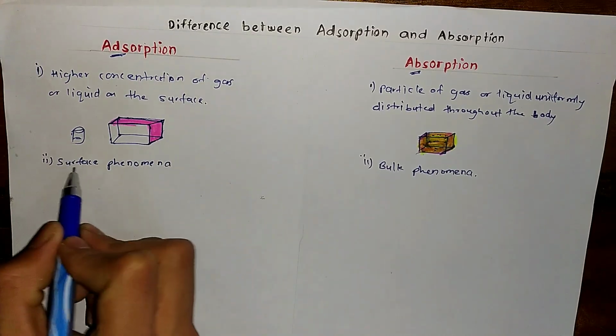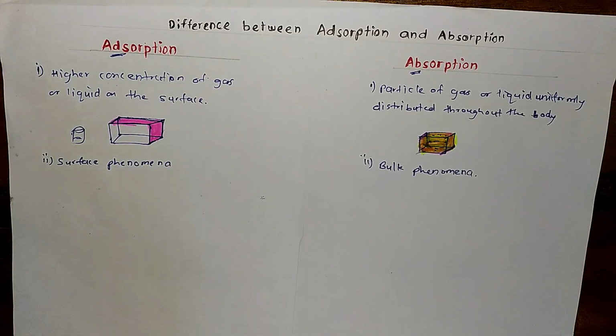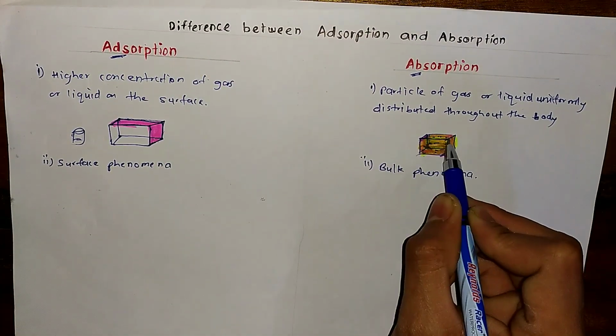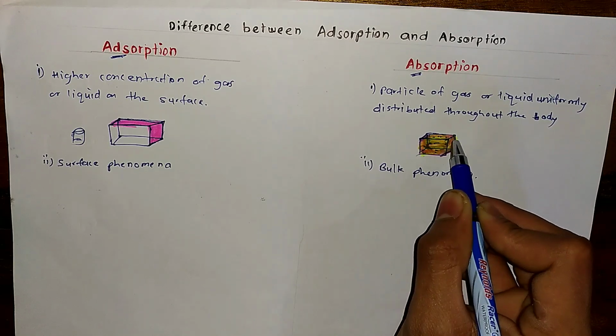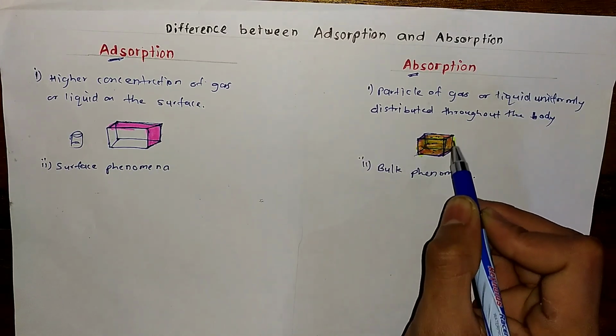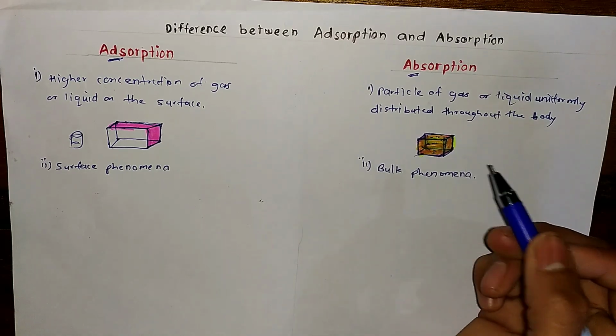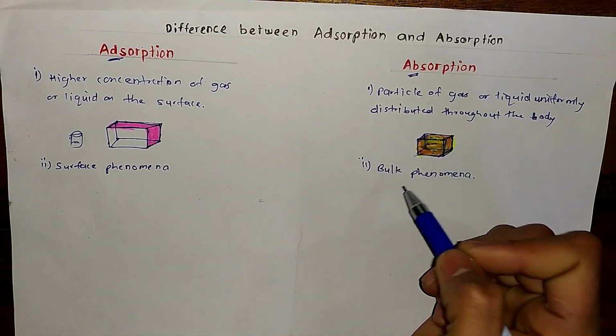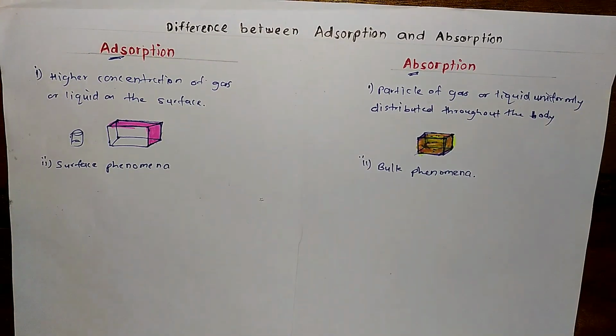That is a surface phenomenon. Adsorption is a surface phenomenon. In the case of the sponge, if we put red color solution on the sponge, the solution will go into the bulk of the sponge. Absorption is a bulk phenomenon.